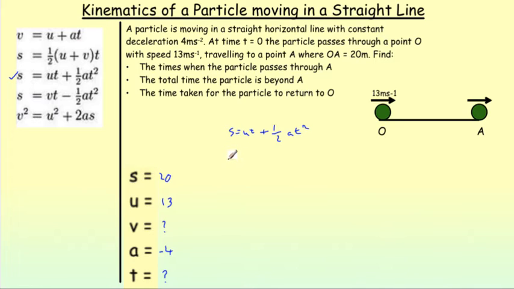So let's fill in what we can. We know that S is 20. U is 13. T we're looking for, so 13T. That's a half A. Now A is minus 4. And that's multiplied by T squared.